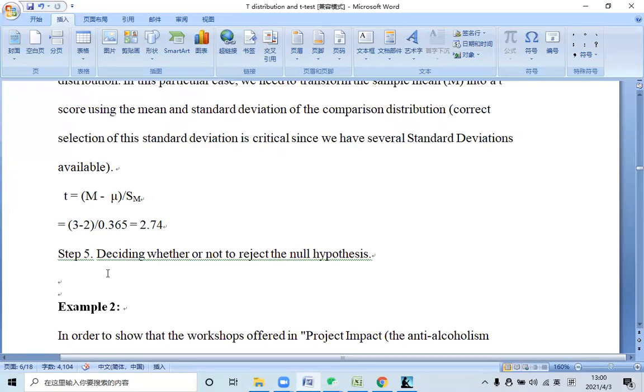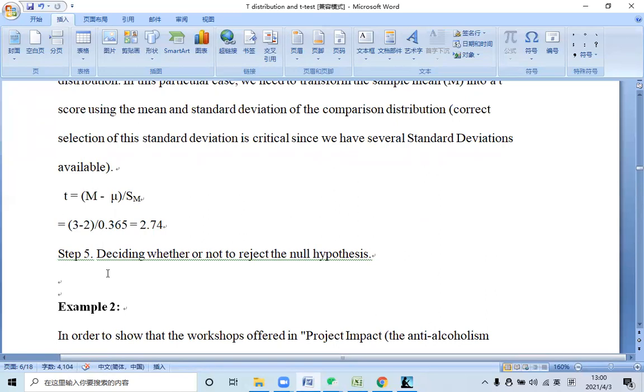We have sufficient evidence to reject the null hypothesis, which says there's no difference between the single parents and average parents. And we support the research hypothesis, which says single parents actually spend more time with their kids than the average parents.